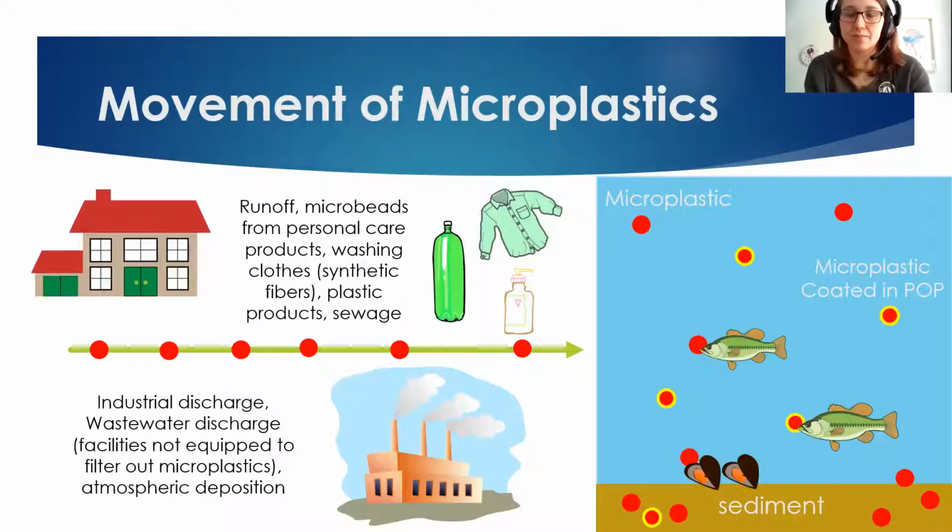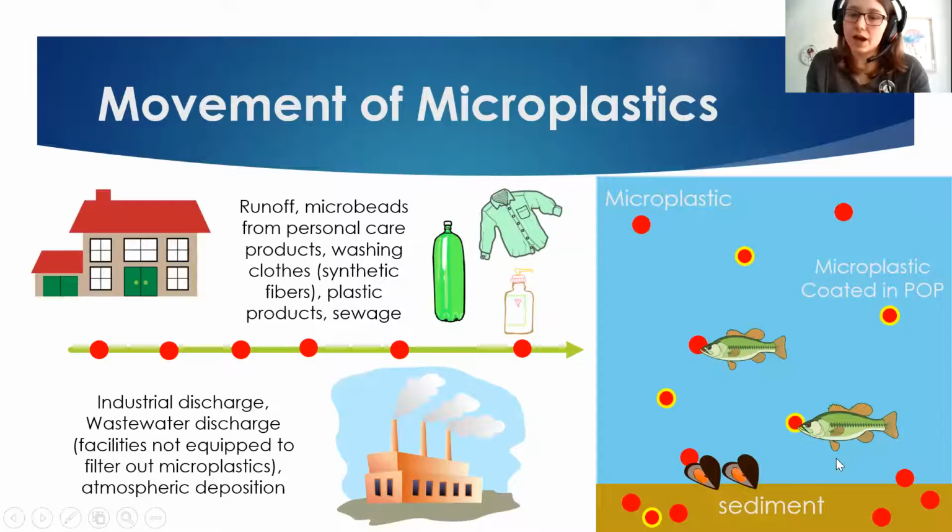You're taking that larger plastic, disturbing it, and therefore breaking it into smaller pieces that are very easily mobilized through the different methods of transport. And once they do get transported, a lot of it is going to end up in water sources.